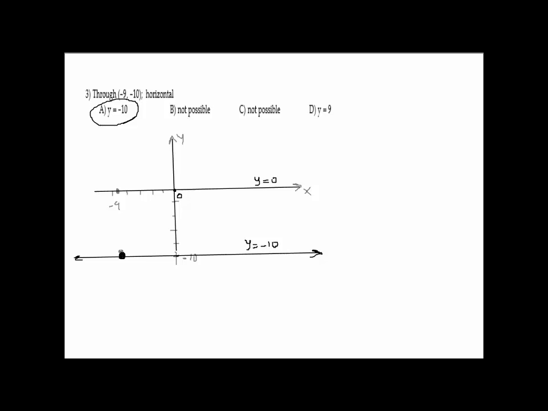Okay, because they're giving you x is equal to minus 9, y is equal to negative 10. So if you locate this point, x equal to minus 9, y is equal to negative 10, this would be the point right there. And then since it's horizontal, I draw the horizontal line through it, like that. So that would be the horizontal line. So I'm not sure what you're asking. Is that clear? You can respond by chatting there, or if you still have a problem, let me know.